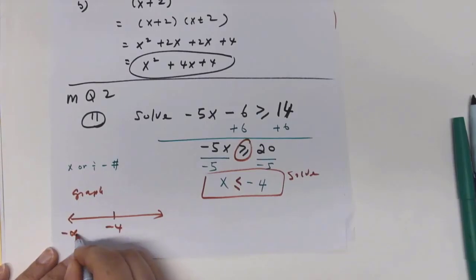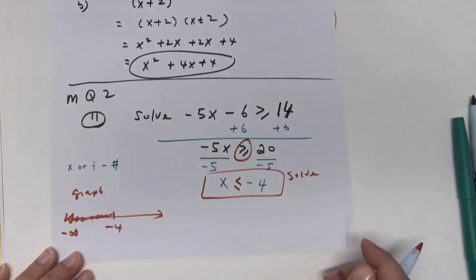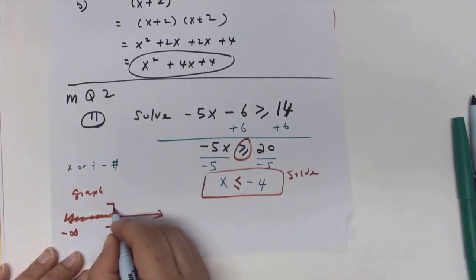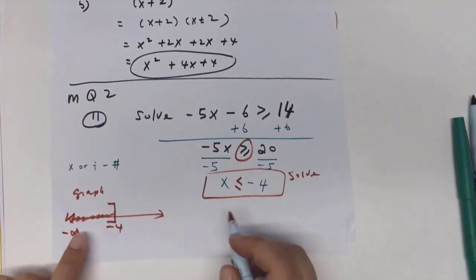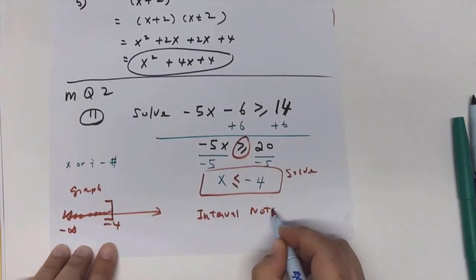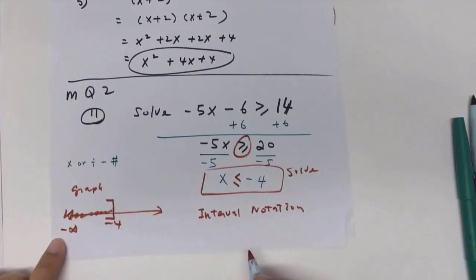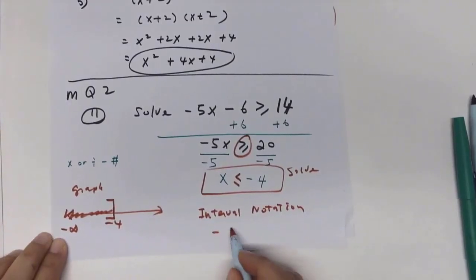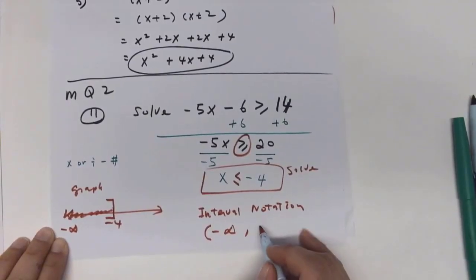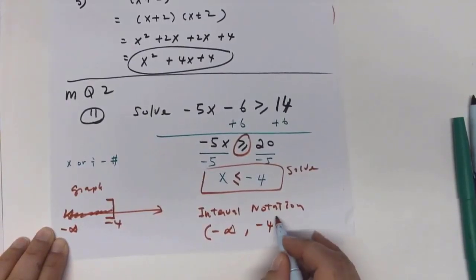Left side for the negative number, and then close that with brackets for equal, right? Okay, if I need to write the interval notation, start from negative infinity with a parenthesis all the way to negative 4, close it with a bracket.